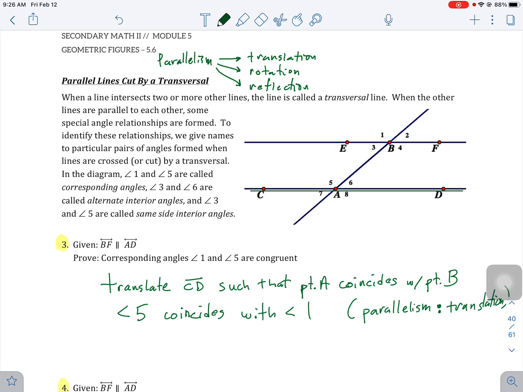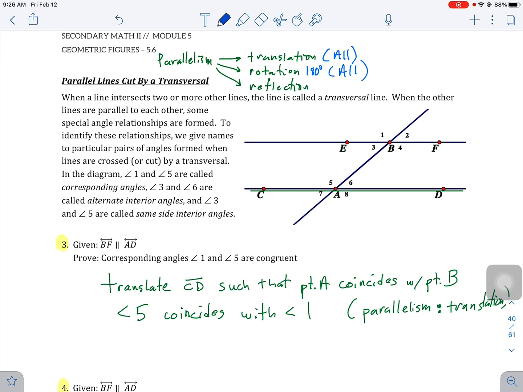If you remember in an earlier exercise, we decided that when you translate a segment, its image is going to be parallel to the original. We also saw that if you do a 180-degree rotation, all of the segments are going to be parallel to the original.